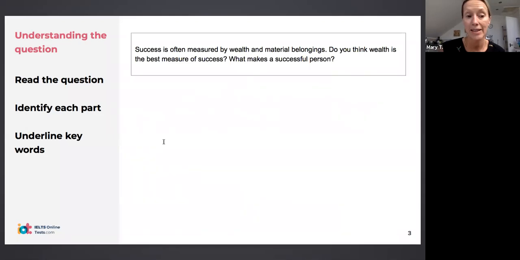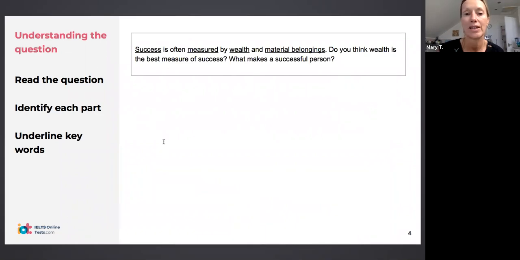After that, underline keywords. If you look at the first sentence, the statement, can you tell me what the keywords are? Success, wealth. Yeah, so success, measured, wealth, and material belongings.